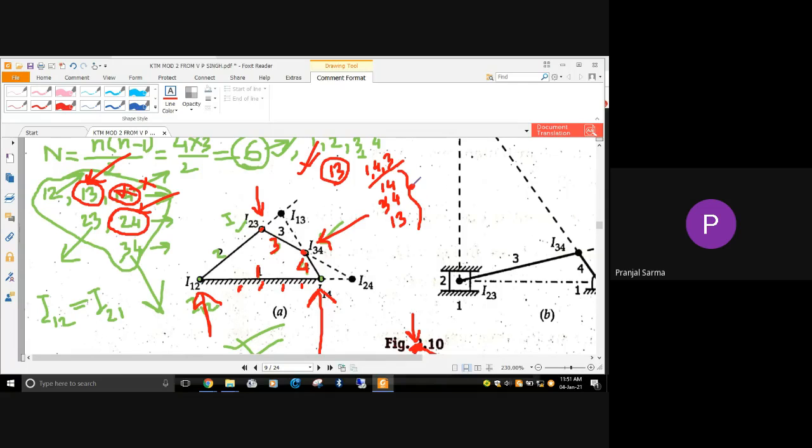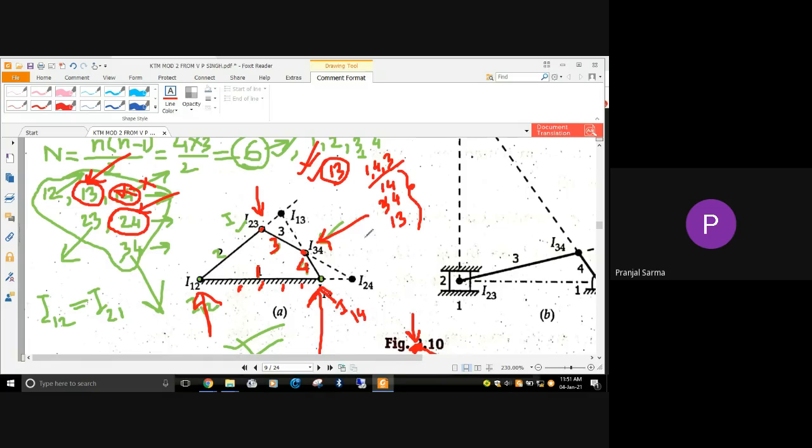And as per Kennedy's theorem, what does it state? These three instantaneous centers will lie on the same straight line. That is Kennedy's theorem. Now let's see what we can do. We need to find out I13. So I13 is still unknown, and for doing so we need I14 as well as I34. Now if you can see, here we have already located I14.